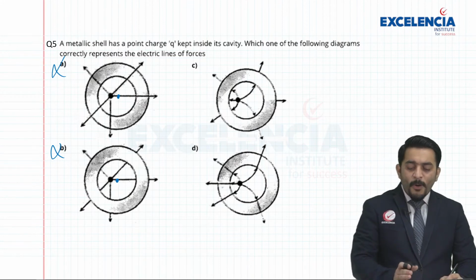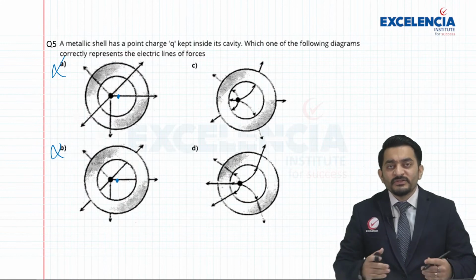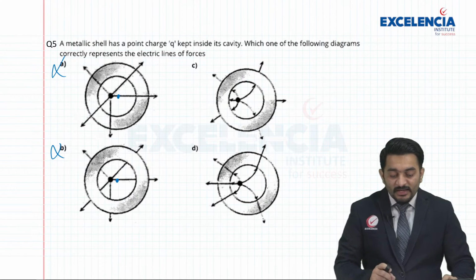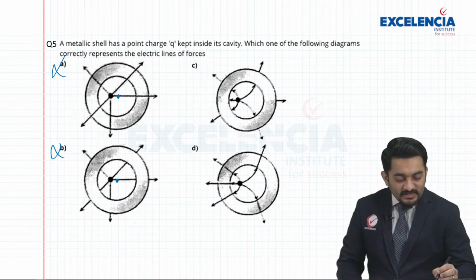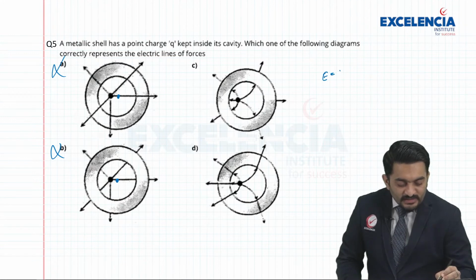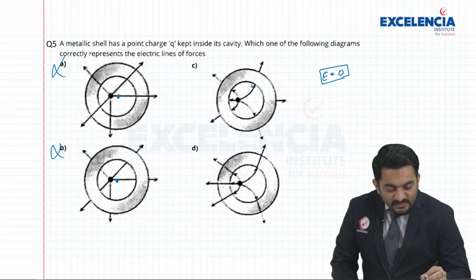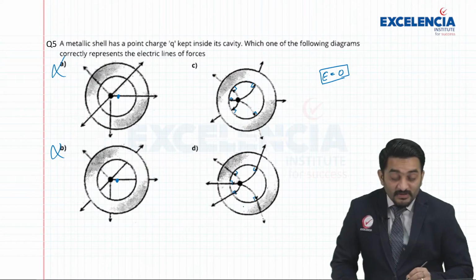Now option C and option D, when you actually see, both appear to be the same to me, but you need to understand one thing: the electric field inside a shell is written as 0. Definitely they are making a 90-degree angle wherever they make contact with the shell. So that is one thing they have done correctly.